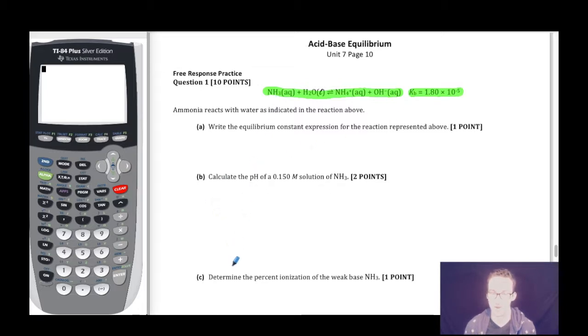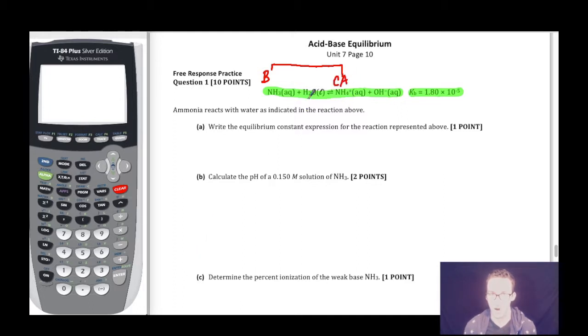So as I look at this equation and think about some of the notes that I just took, I recognize that the ammonia molecule here is acting as a base. In other words, it's going to act as a proton acceptor. So this is going to be my base, and its conjugate acid is going to be the ammonium ion.